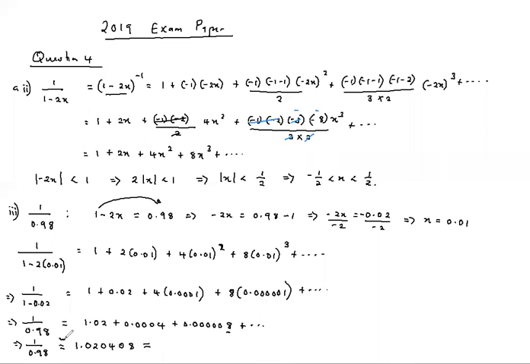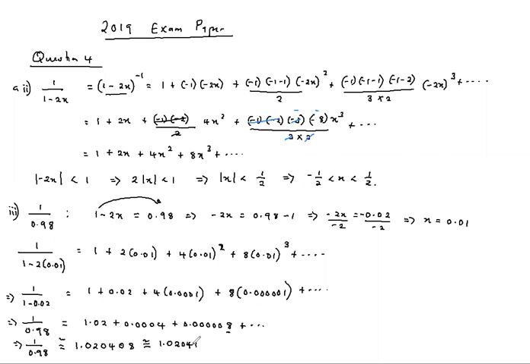So you are saying approximately 1.02041 to 5 decimal places. So you round off the 8, so you just pick a 1 from 8.